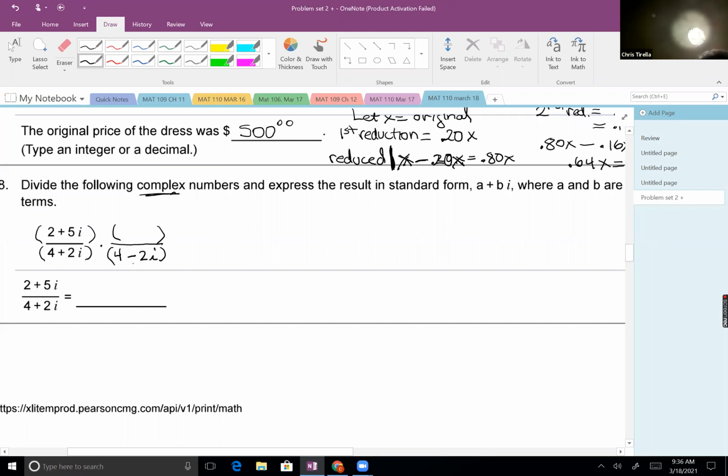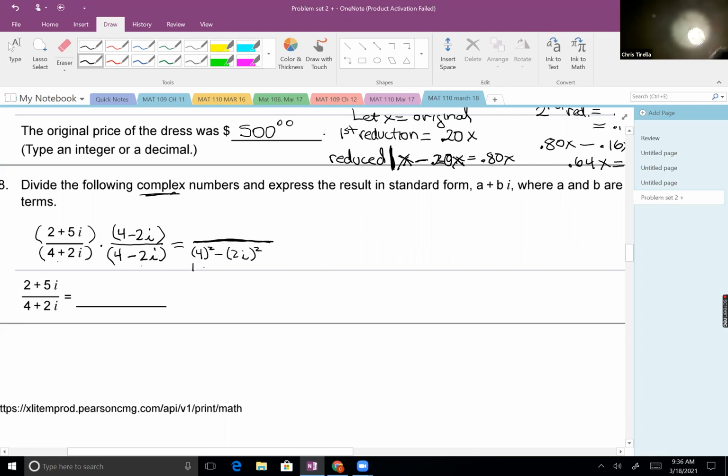Same numbers, but if this is addition, the conjugate will have the subtraction. It's the opposite operation in the middle. Again, we use that conjugate pair. I'm going to do the easier half of this problem first to simplify the denominator, because with the sum and the difference, it turns out to be the first term squared minus the second term squared.